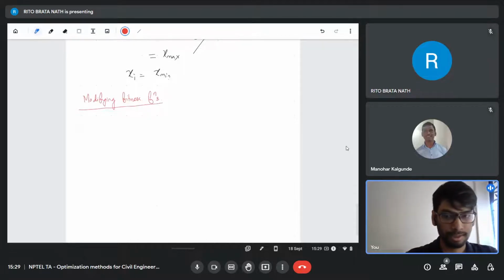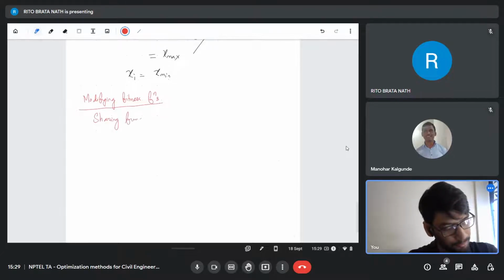So the first one is the sharing function. So this sharing function, you can write it in terms of SH, not a bracket, I guess. So let me write it as SH of ij. Now you can write it in terms of the distance between those points i and j.